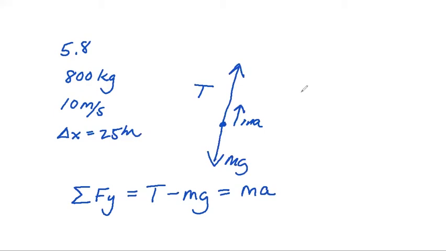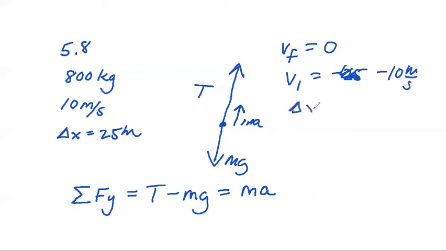But we need to know A. So we've got, let's see, we're going this way. So we have V final is 0. V initial is going to be negative 10 meters per second. And delta X equals, that's going 25 meters, but it's going in the negative direction, so negative 25 meters.